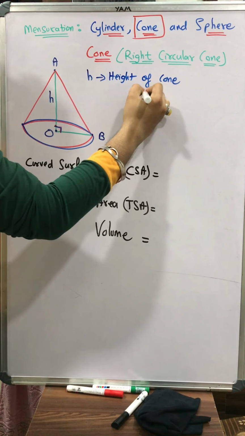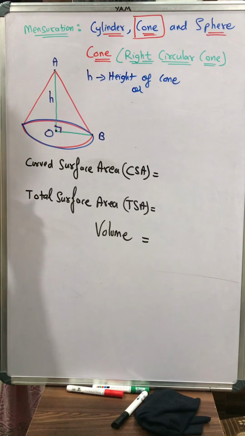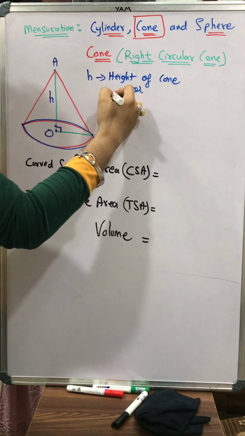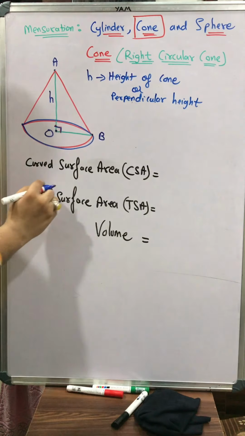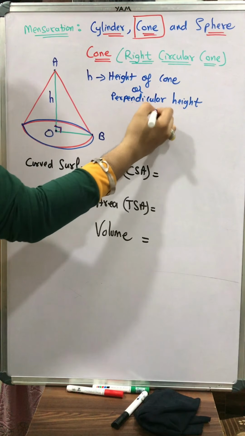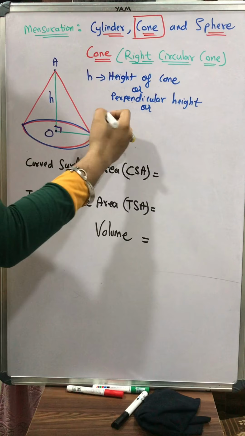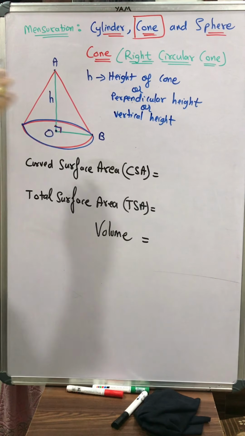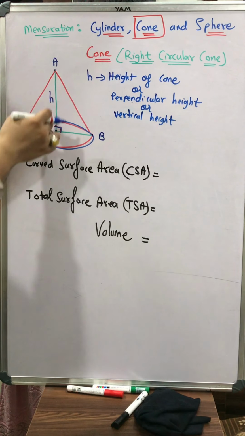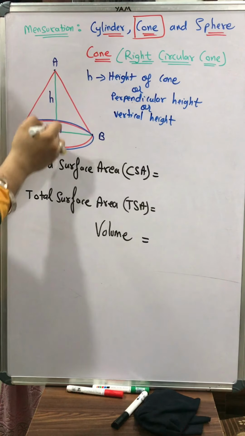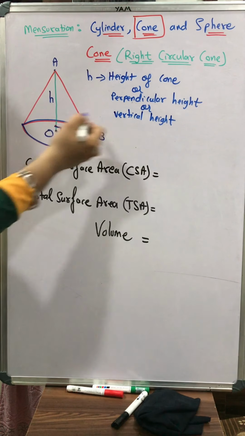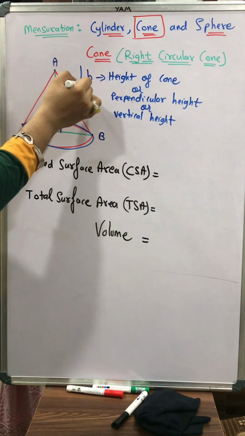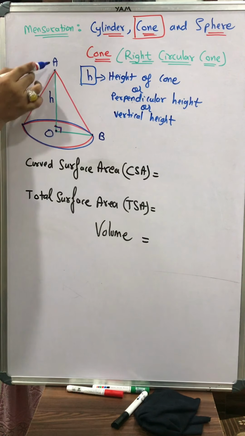It's also called perpendicular height because it is perpendicular to the radius, or it is also called vertical height. Students, there are three different names. If just height is given, by default it is this perpendicular height. Any of the three names given, it's nothing but the small h mentioned here in the diagram.